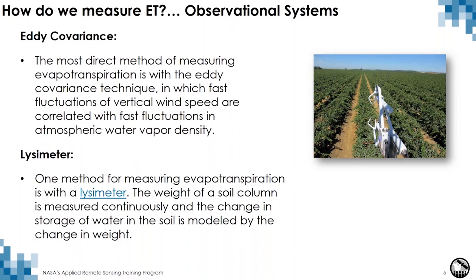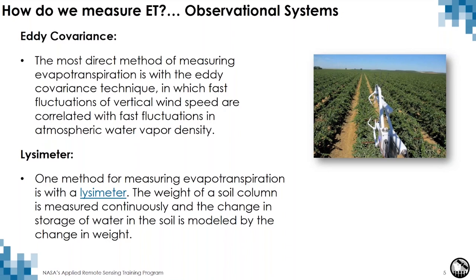And the second measurement is called a lysimeter. It's another relatively complicated observation system where you're building an apparatus within the soil surface that's able to weigh the soil column continuously and back out how much water has been evaporated by changes in the weight of that soil column.